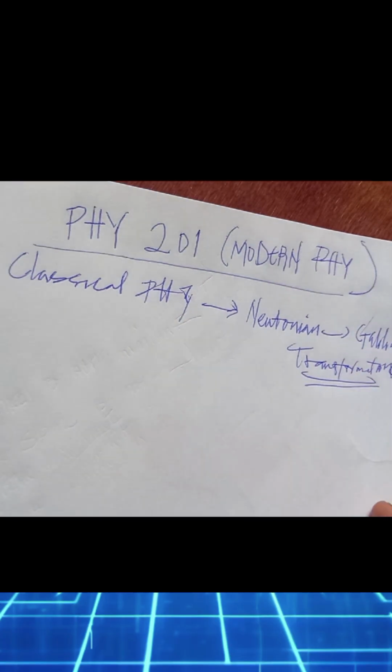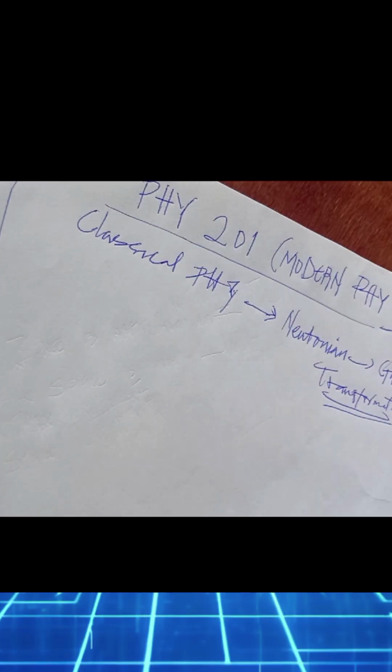From there, I will be telling you the differences between classical physics and modern physics. Classical physics is just the olden physics. It talks about motion, but in this course we are not going to go into that.